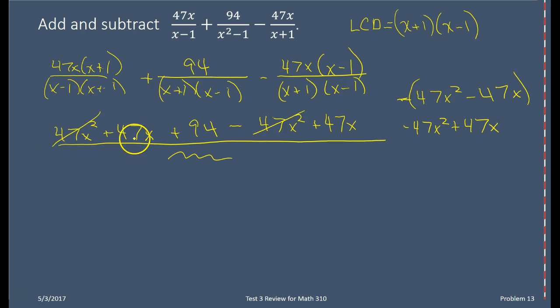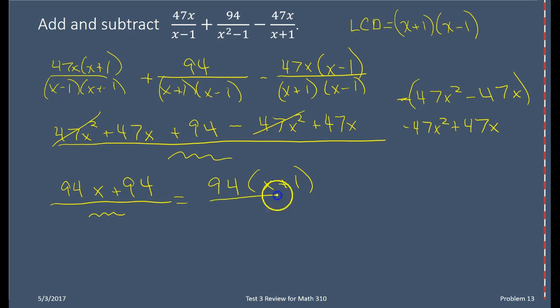Those cancel. 47x plus 47x gives us 94x plus 94 over our least common denominator, and obviously we can pull out a 94, and we're left with x plus 1 over, and then our least common denominator is x plus 1, x minus 1, and we can cancel the x plus 1's, and that gives us 94 over x minus 1.